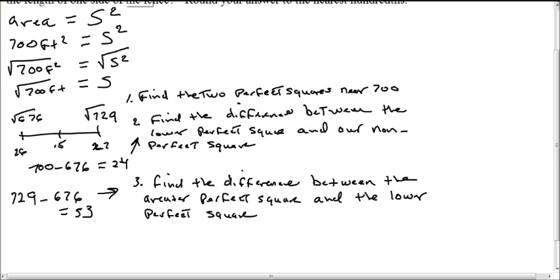Okay, so I'm going to go ahead and put this up here so we know that's there. Now what we want to do next is write our differences as a ratio.